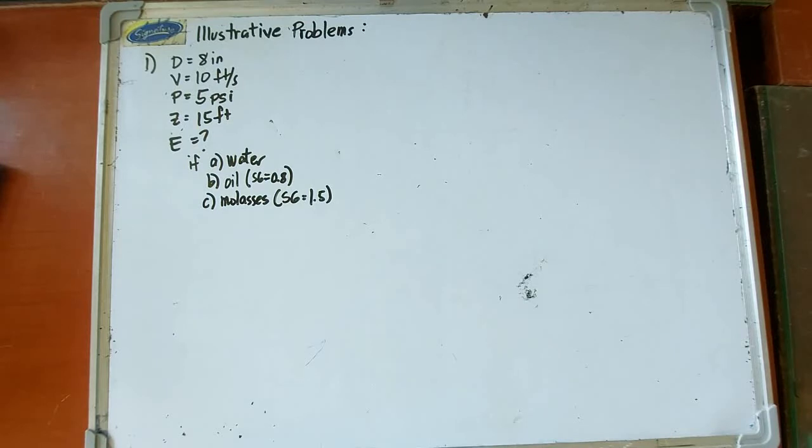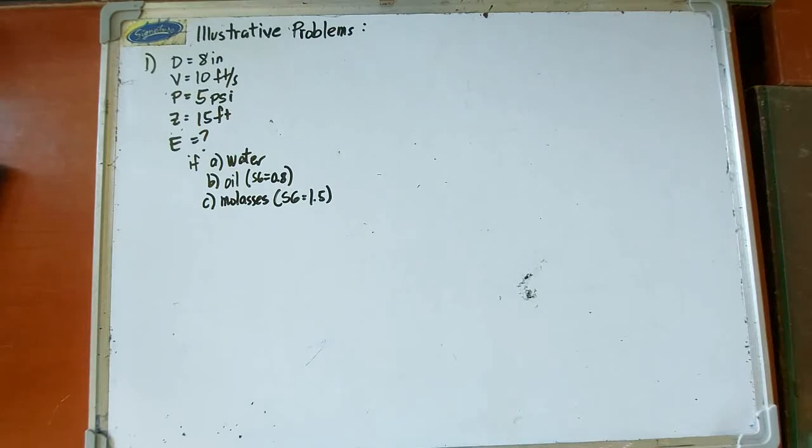So we are to compute the total head. When we say total head, that means the total energy. Remember from our previous discussions that we have converted the energy into an equivalent energy head, or head only, to simplify the analysis or the application of Bernoulli's energy theorem or energy equation.